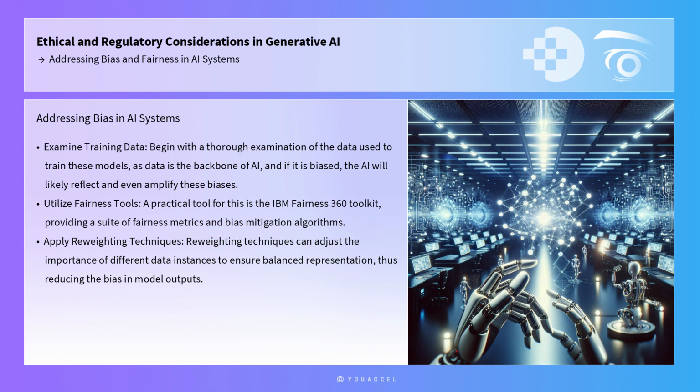A practical tool for this is the IBM Fairness 360 toolkit, which provides a suite of fairness metrics and bias mitigation algorithms. By using this toolkit, professionals can assess bias in their datasets through quantitative measures and apply algorithms to reduce bias. For instance, reweighting techniques can adjust the importance of different data instances to ensure balanced representation, thus reducing the bias in model outputs.